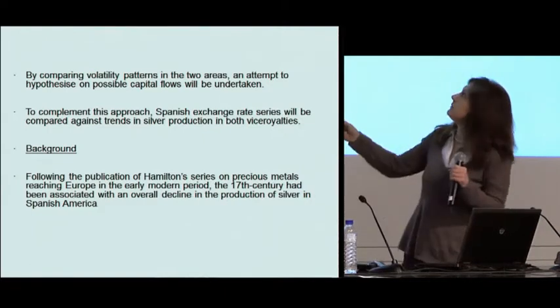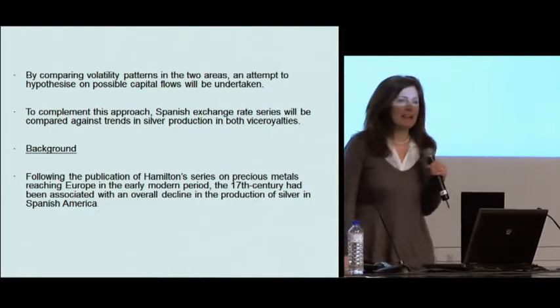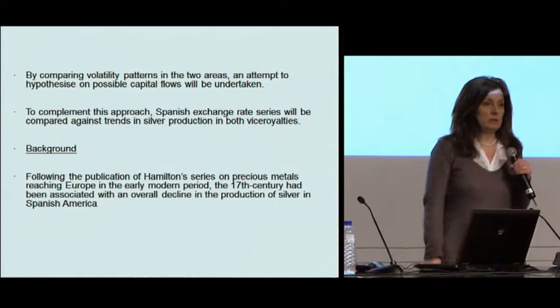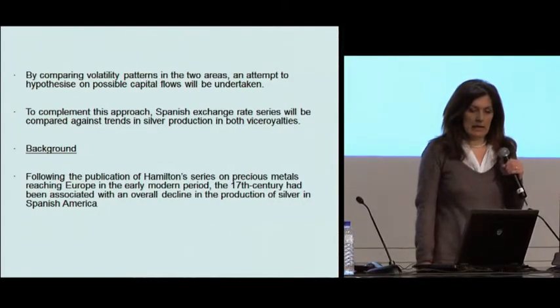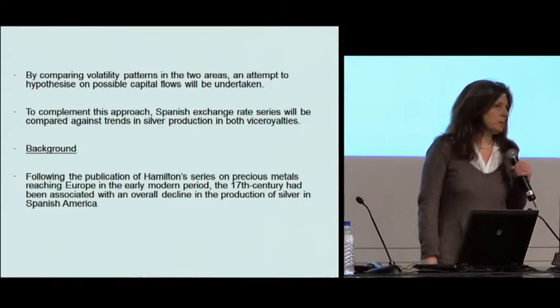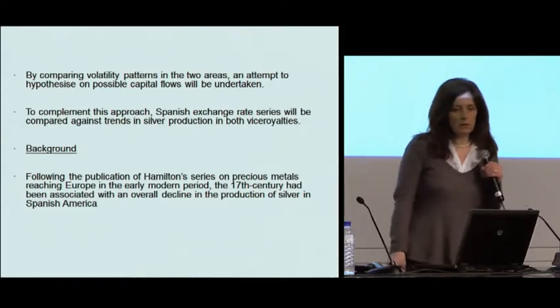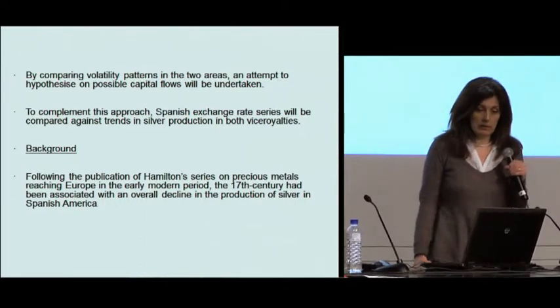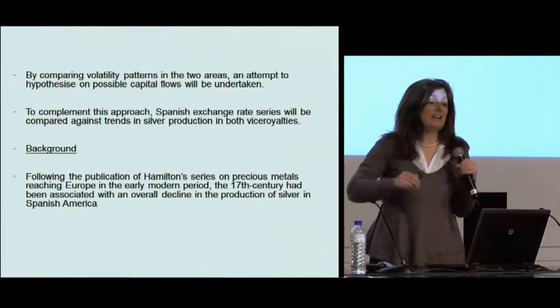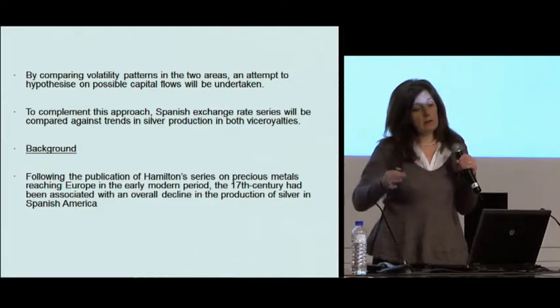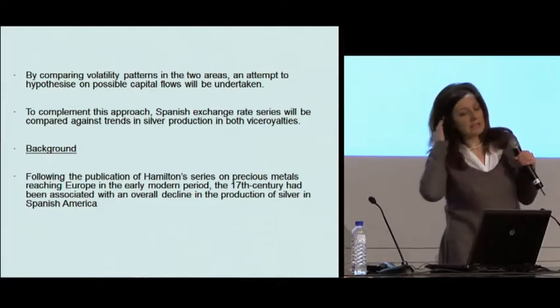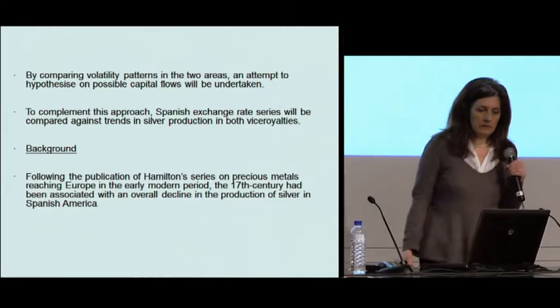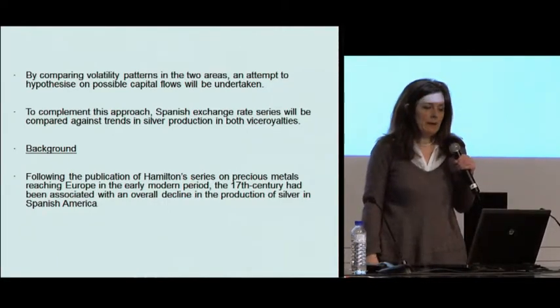The way I will do it is by comparing volatility patterns in the silver production, right? And these volatility patterns will have to be complemented by more qualitative information that I'm planning to gather. At this stage, I have only covered the statistical aspect of this approach.